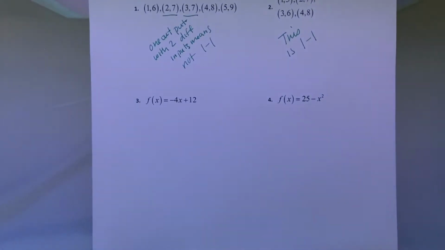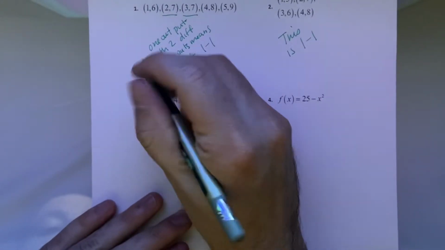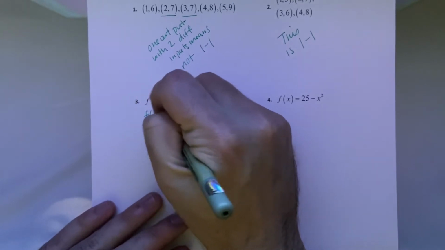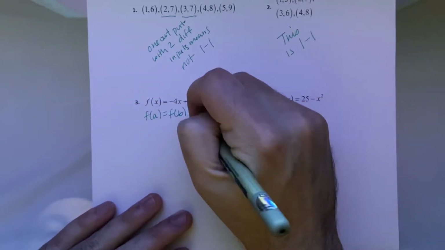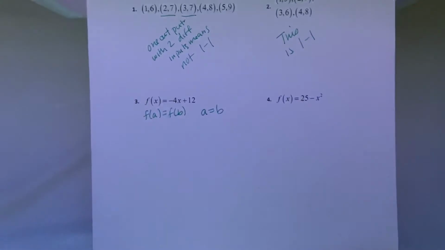To determine if a function itself is one-to-one, you have two options. We have the equation option. You have to assume f(a) equals f(b), and then show that means a equals b. That means if two different inputs a and b give the same output, those numbers are actually the same number.